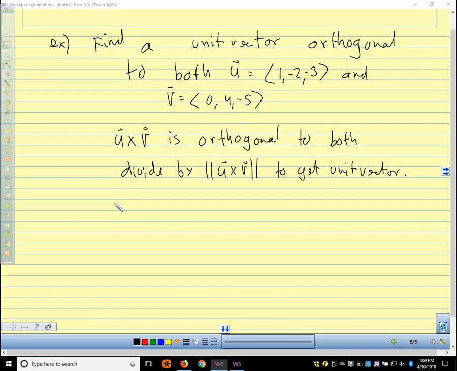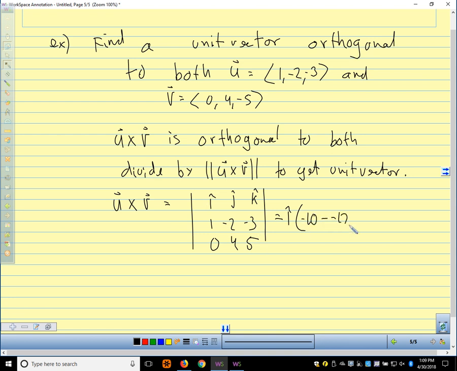So let's find u cross v. We get this determinant: i hat, j hat, k hat, 1, -2, -3, 0, 4, 5. I hat times -10 minus -12, minus j hat times 5 minus 0. Where did I mess up?